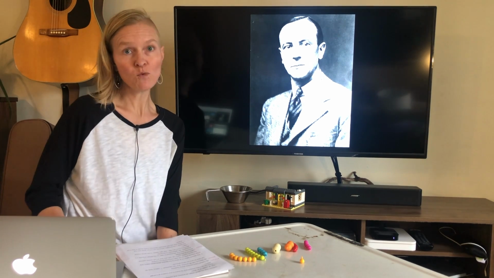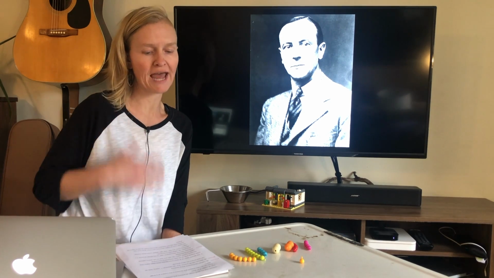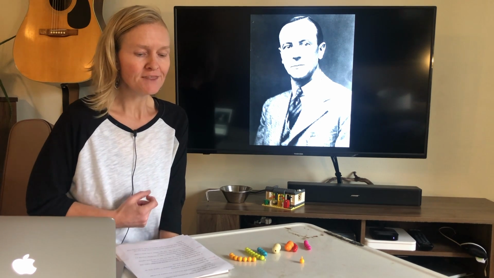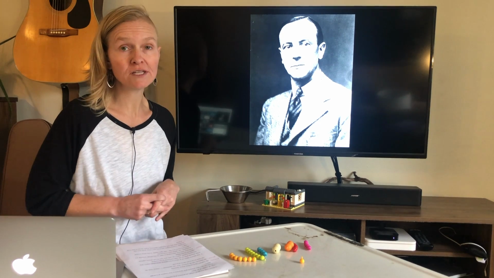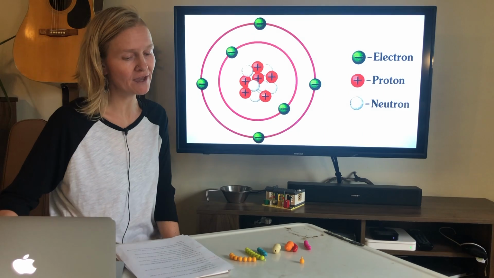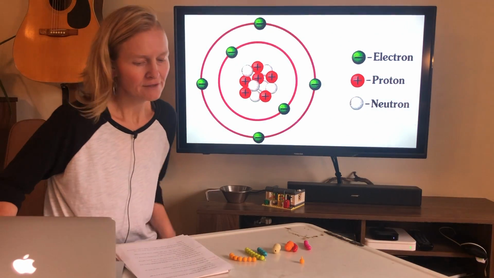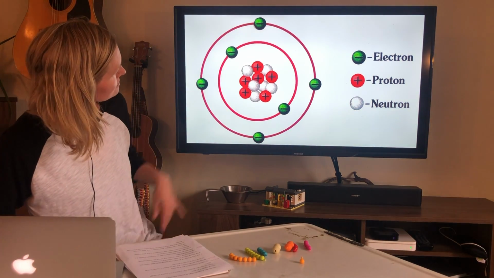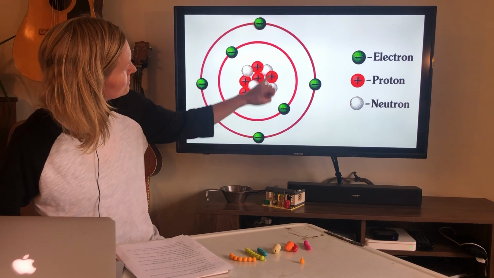Neutrons have the same weight as protons and contribute to the overall weight of an atom, and it's one of the physical properties that define the atom. There can be many protons and neutrons in the nucleus of a single atom. For example, here we have an atom of carbon. Carbon has 6 protons and 6 neutrons. The protons are the red dots in the center, in the nucleus here.